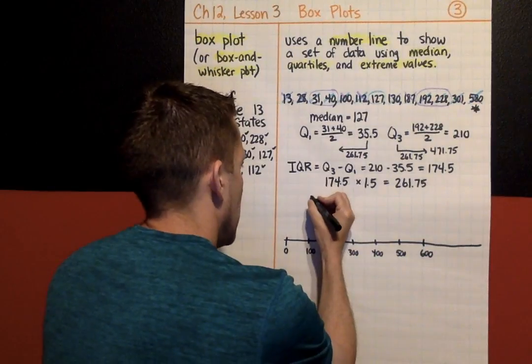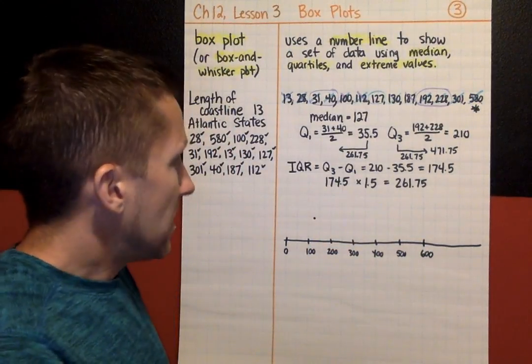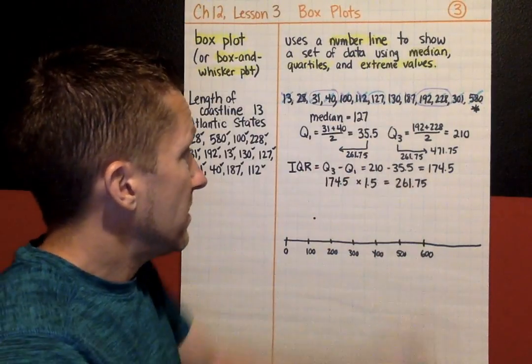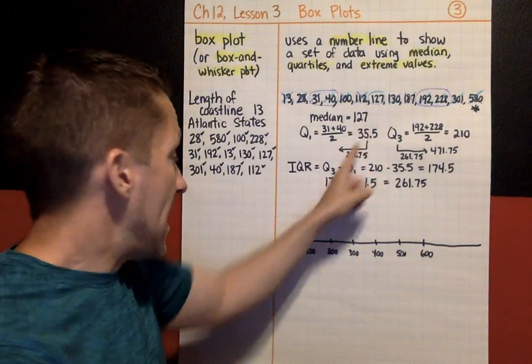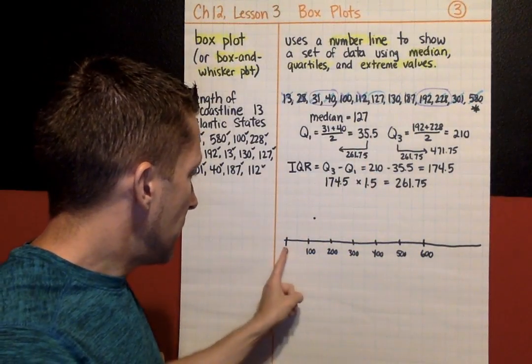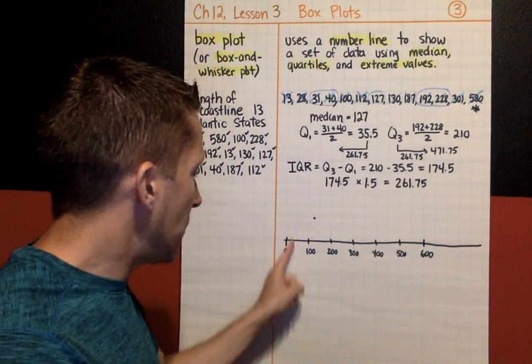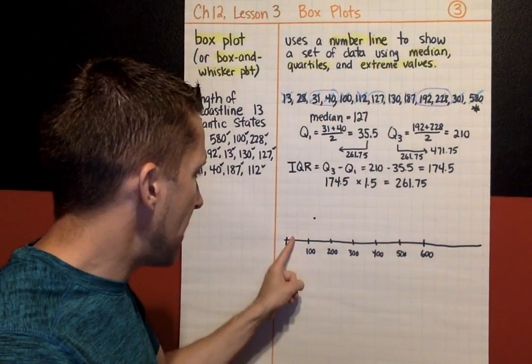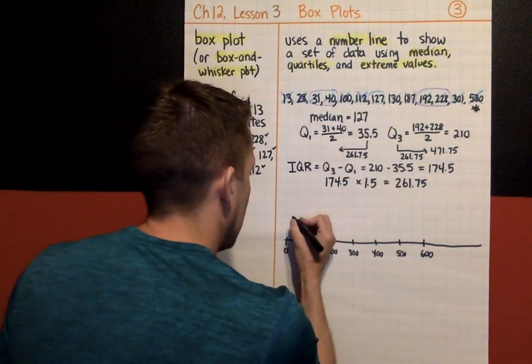I won't label this yet. Next, I'm going to label Q1 and Q3. Q1 is at 35.5. So again, I'm going to mark where Q1 is. Here's 0, here's 100, here's 50. Halfway between 0 and 50 would be 25, so it's a little bit more than halfway on that line.